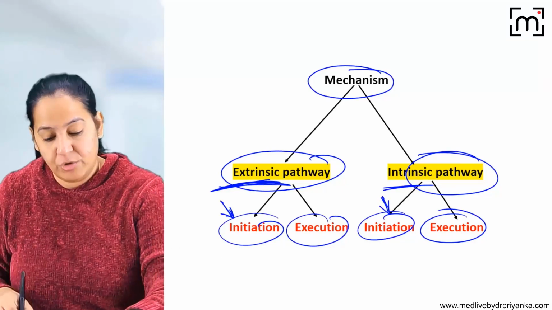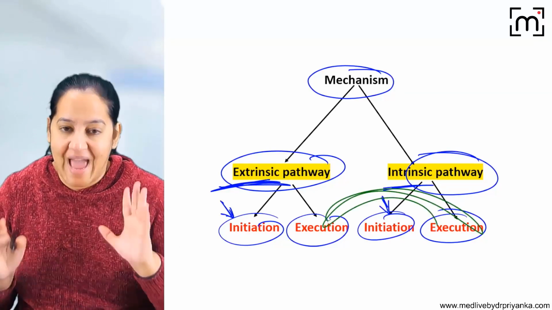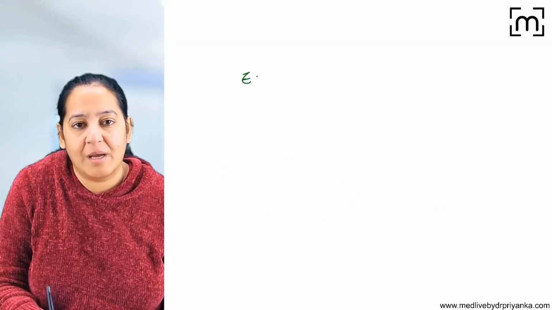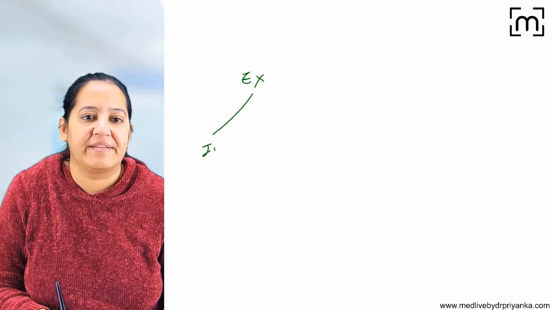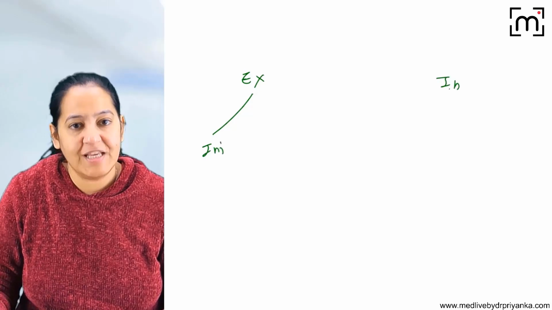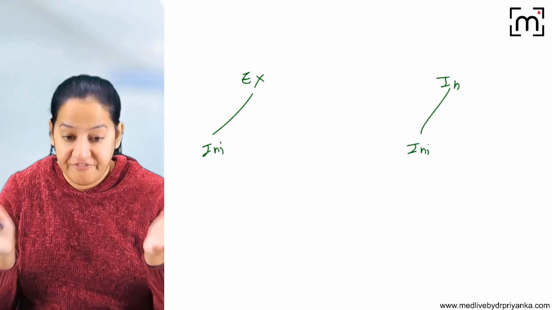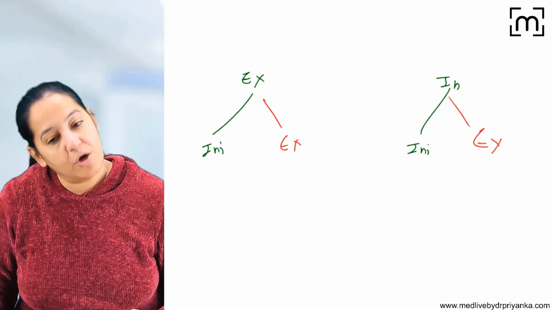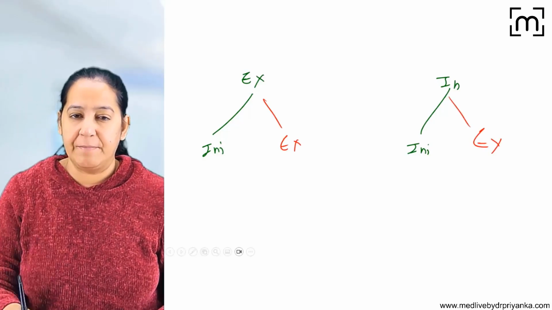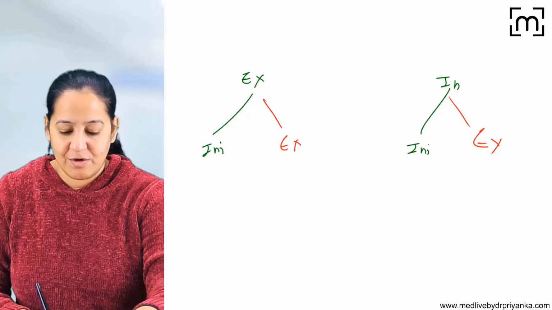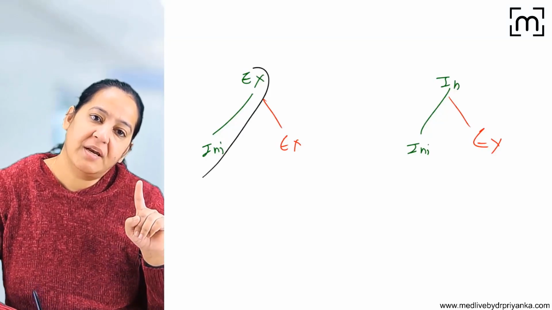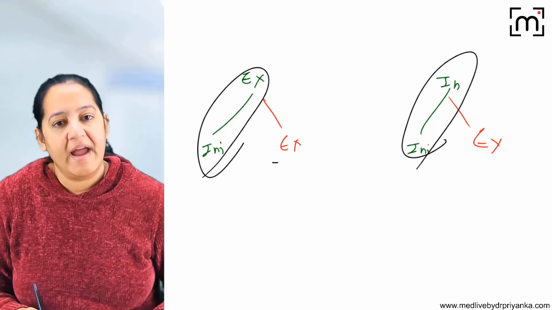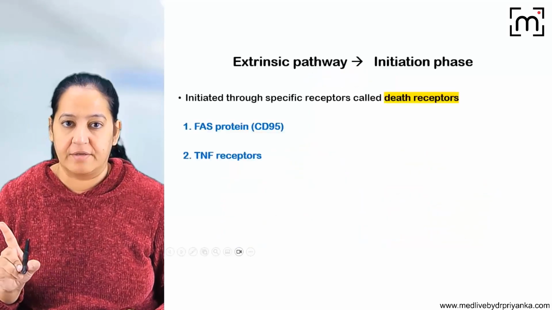Then I will teach you execution of both of them together, because execution is a common finding, a convergence. So we will cover the mechanism in three steps. First, the initiation of the extrinsic pathway. Then the initiation of the intrinsic pathway. And then the execution pathway of both of them together.